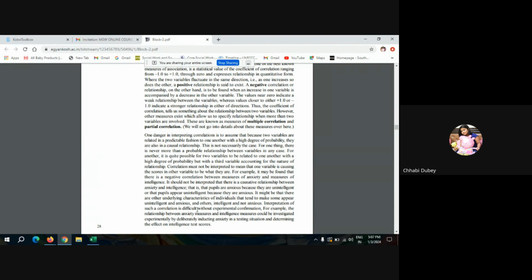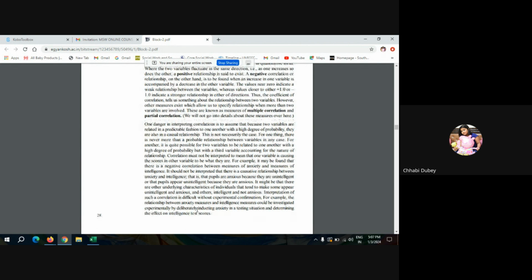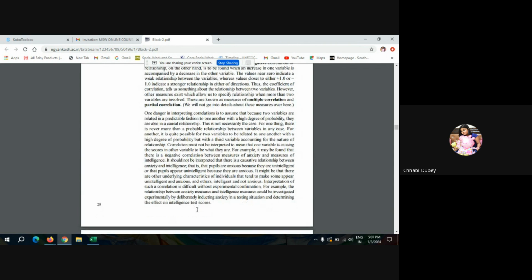It should not be interpreted that there is a causative relationship between anxiety and intelligence, that students are anxious because they are unintelligent, or that students appear unintelligent because they are anxious. It may not be interpreted like this. There may be some other underlying characteristics which are actually impacting that characteristic.